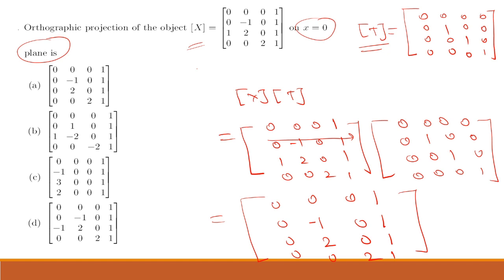This is for the projection on the X equals 0 plane, and you can call it X star.